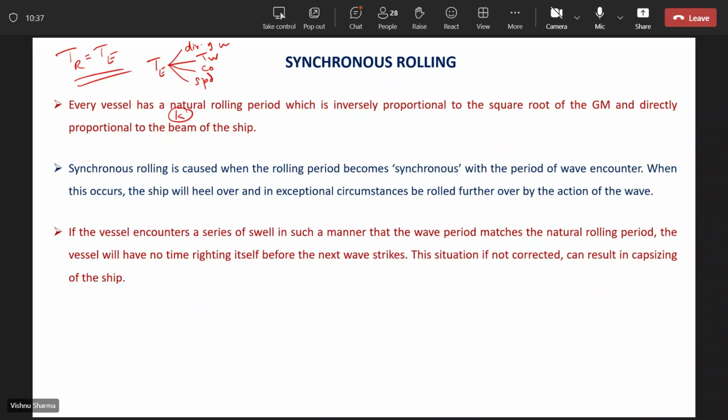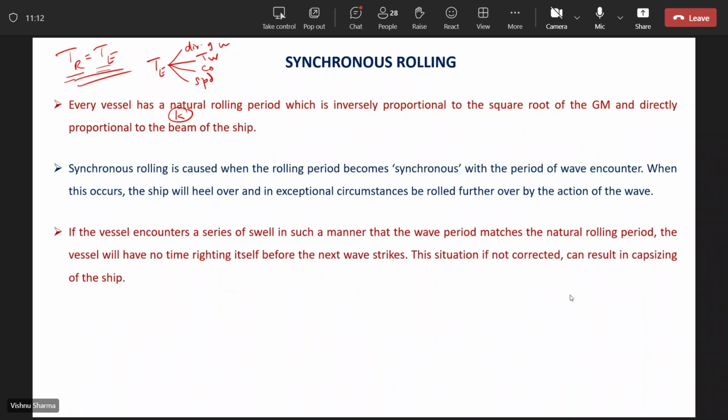Now, what is the condition for synchronous rolling? When you have seas from the beam or nearly the beam, and the natural period of roll of the ship is equal to the period of encounter, that leads to a synchronous condition, the condition for synchronous rolling. Why? Because resonance occurs between the ship and the wave, and this leads to increased amplitude of rolling.